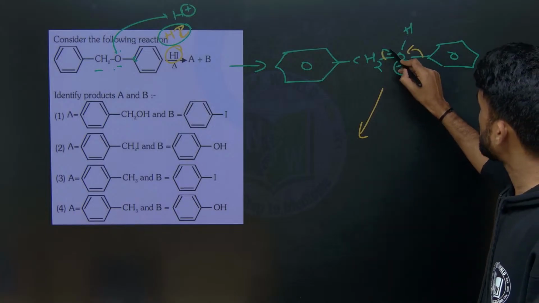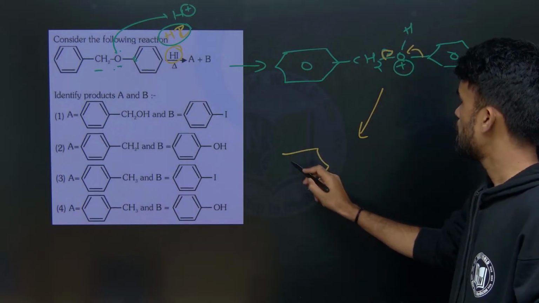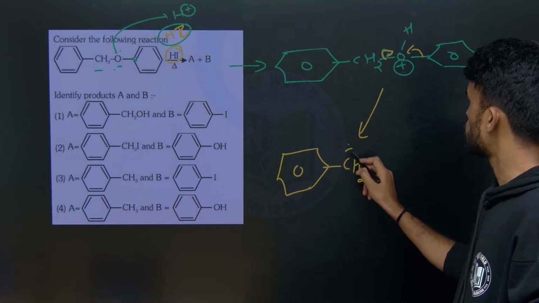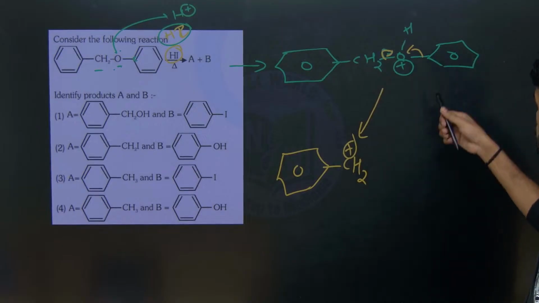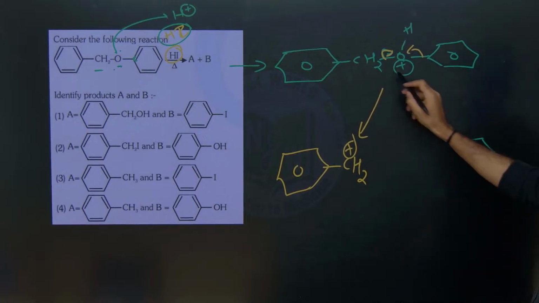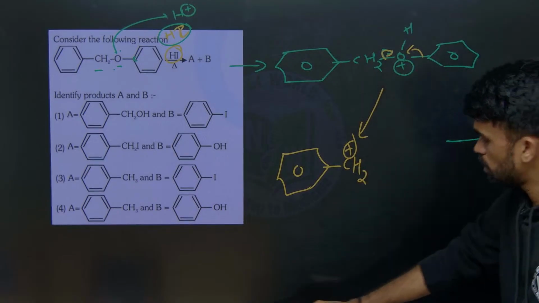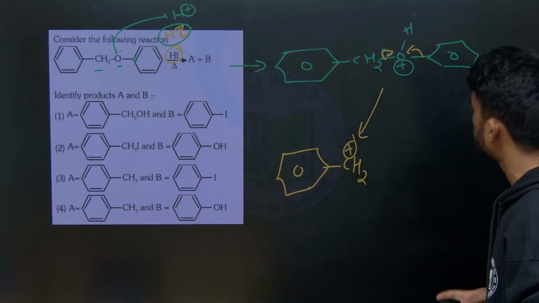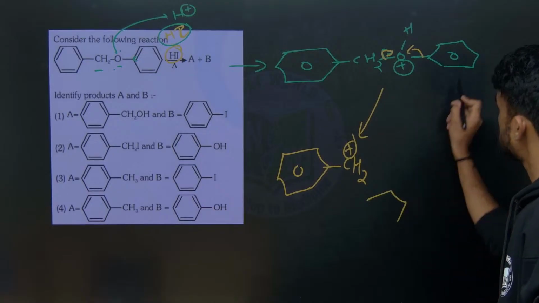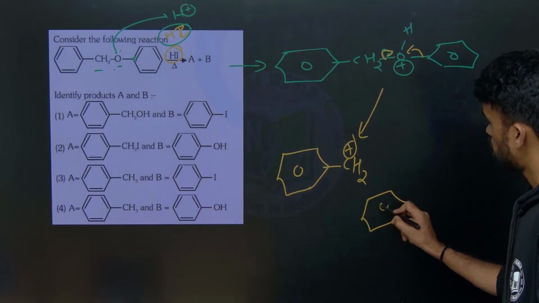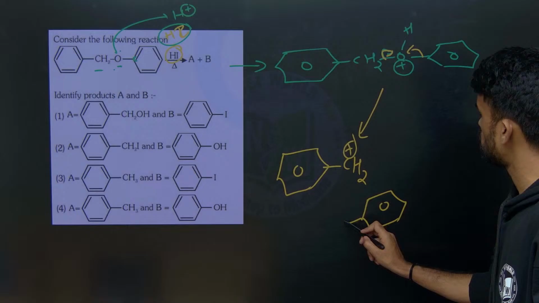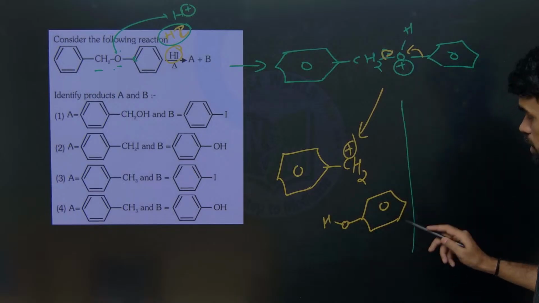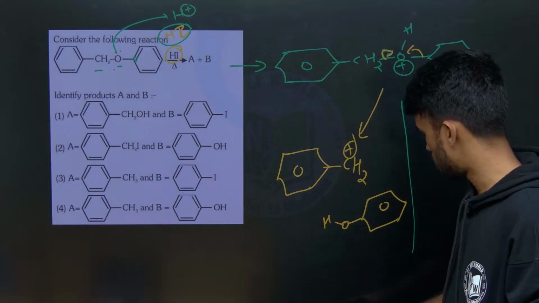After breaking this we will be having a benzylic carbocation this side. If I break from this side, as I told you, we will be having a benzylic carbocation, and the remaining part, this side part, is like this, which is attached with the oxygen and hydrogen. You can keep this aside. Okay, what about the other part of it?